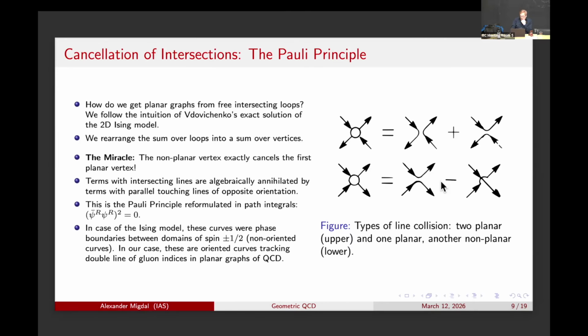In case of the Ising model, there were no arrows. There were just closed lines and they could all be oriented in one direction. But in case of the Ising model, those curves were phase boundaries between spins. That's how Vdovichenko interpreted that. He said, okay, let's consider those fermion paths and let's compare them with the sum over all spins.